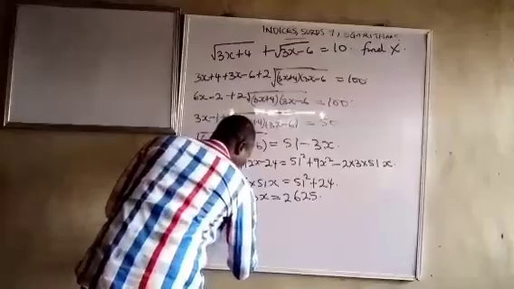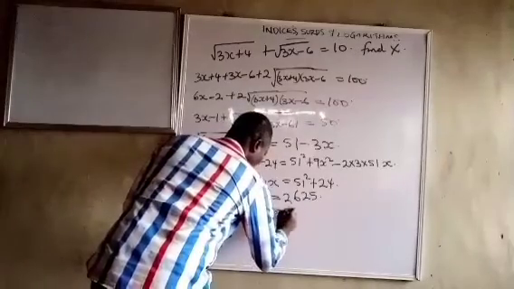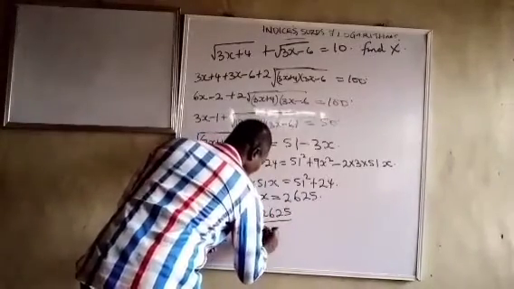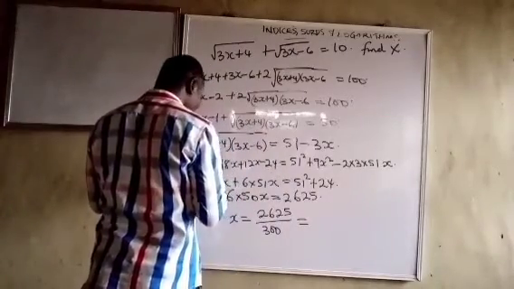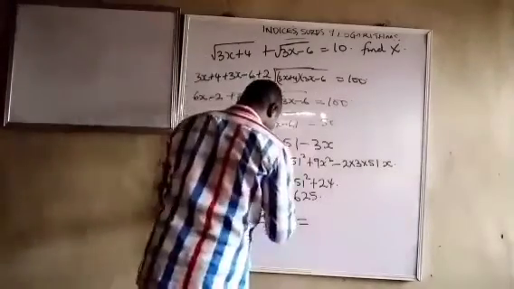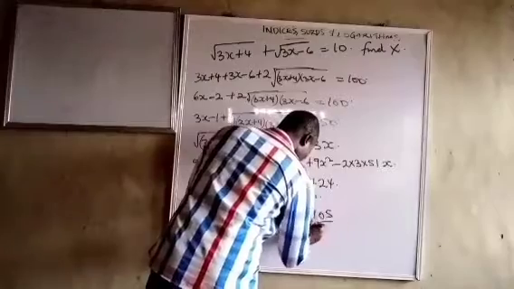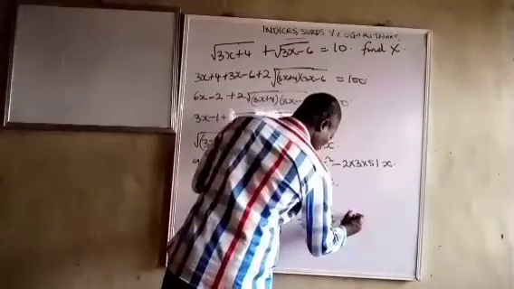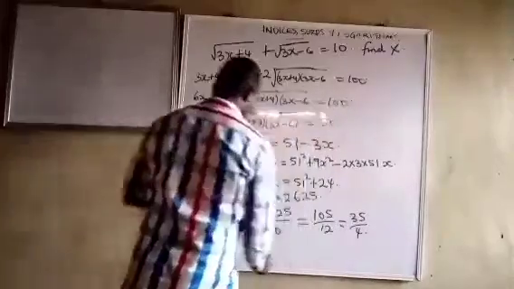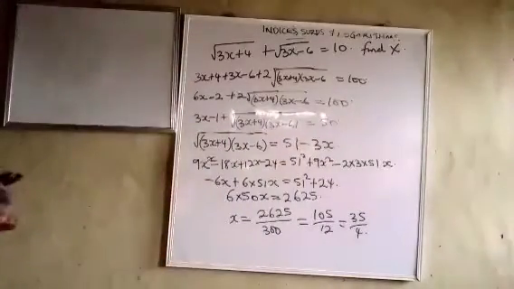So our x is going to be 2625 over 300. That is divided by 12. Let's divide again by 3. So this one is 35, this one is 4. So that's our value for x. Our x is 35 over 4.